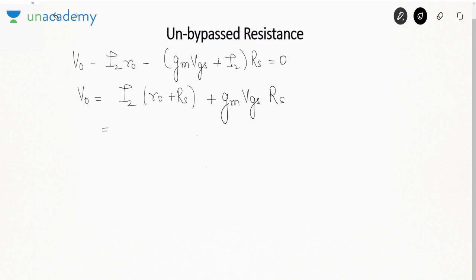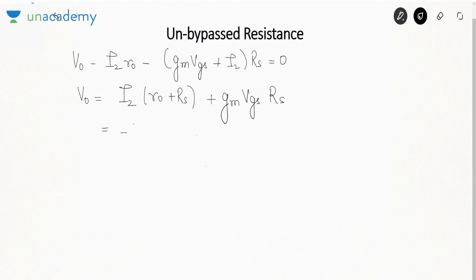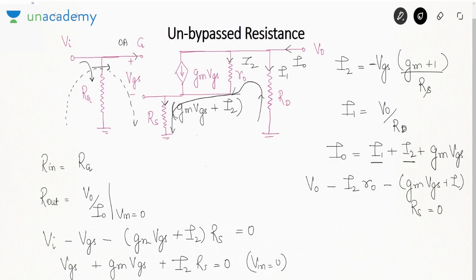Now how did we calculate I2? What was I2? I2 was minus VGS (gm plus 1) by RS. So minus VGS (gm plus 1)(R0 plus RS) by RS.